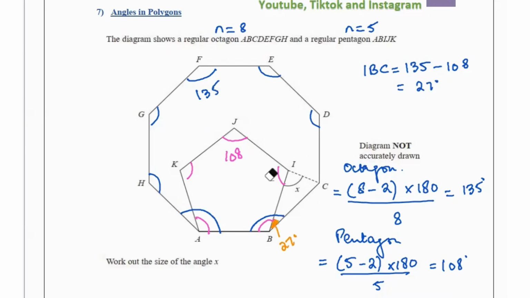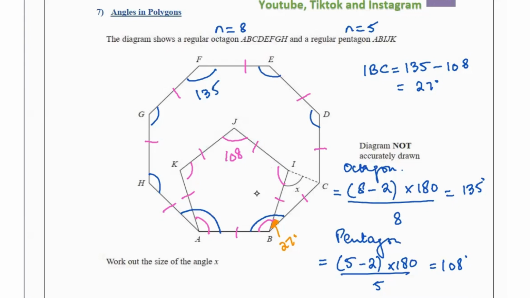Now, a very important thing you must have noticed is that the length of AB for the pentagon is the same as the length of AB for the octagon. If we have an overlapping length, that means the lengths of the pentagon are the same as the length of the octagon.